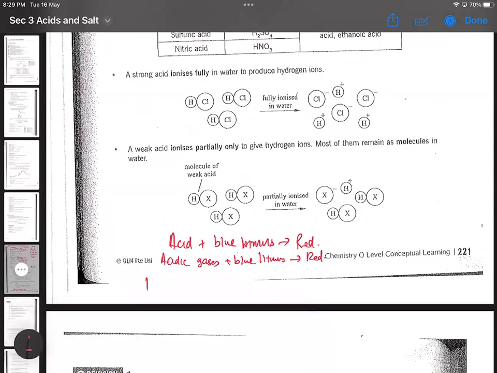I'm using HCl gas. I use blue litmus. I'm also using HCl gas with moist blue litmus.